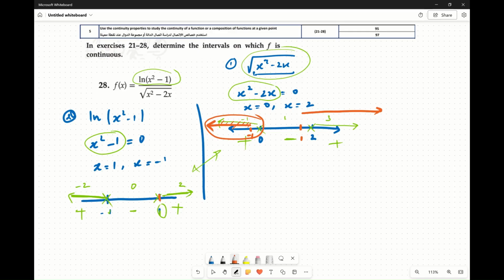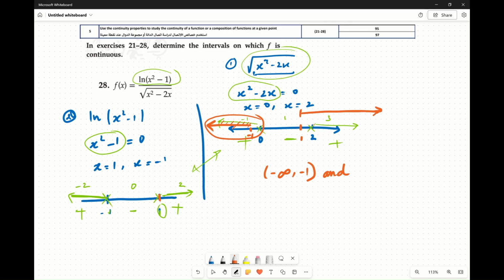So we go from minus infinity till minus 1, not including the minus 1, so I put a parenthesis. And now where is the other one? This one says more than 1.